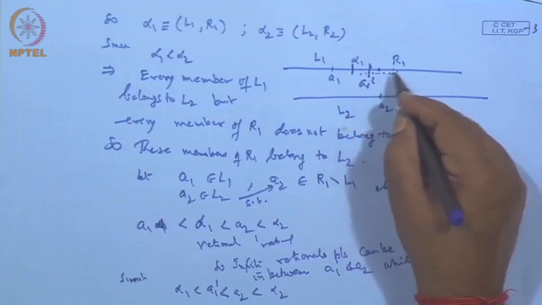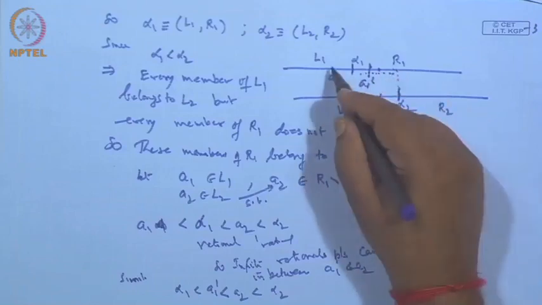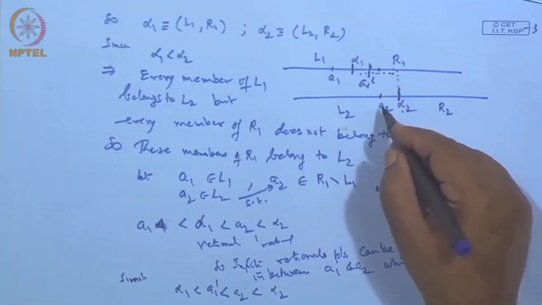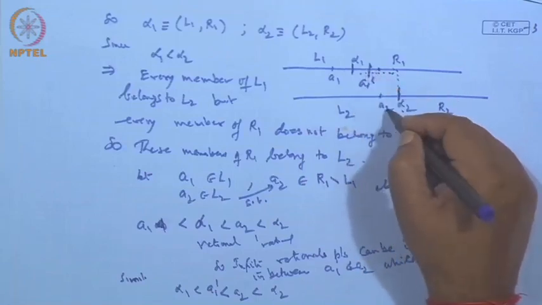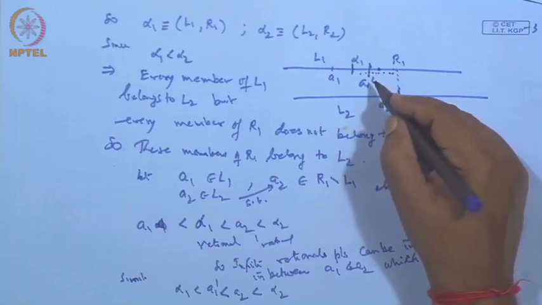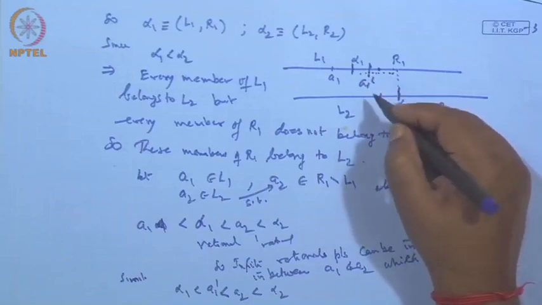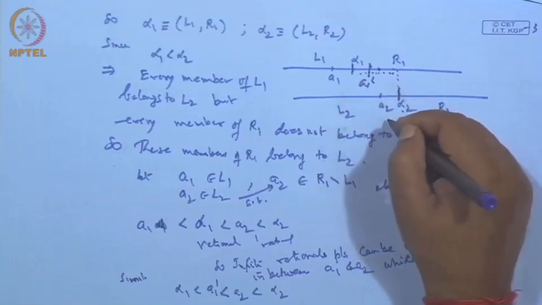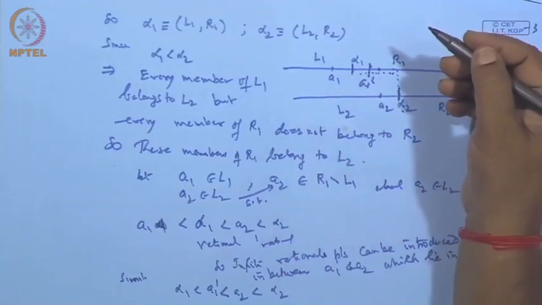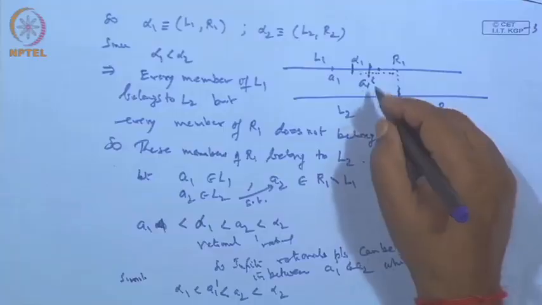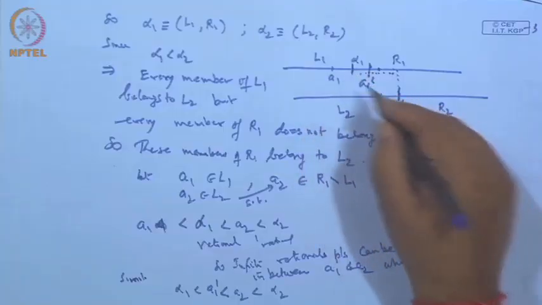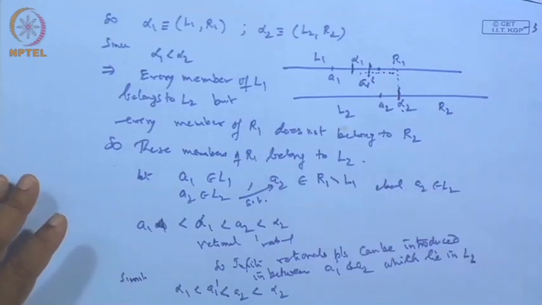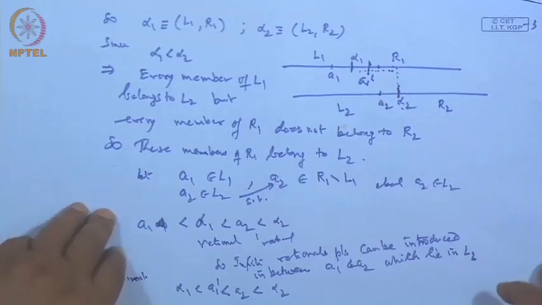A 1 dash is a point in R 1, but not in L 1, A 2 is a point in L 2. So, obviously, A 1 dash and A 2 we can again order them, let A 1 dash be less than A 2. A 1 dash and A 2 are rational numbers. In between these two rational numbers we can introduce an infinite number of rational points again. Therefore, in between alpha 1 and alpha 2 we can introduce an infinite number of rational points, that is what it says.